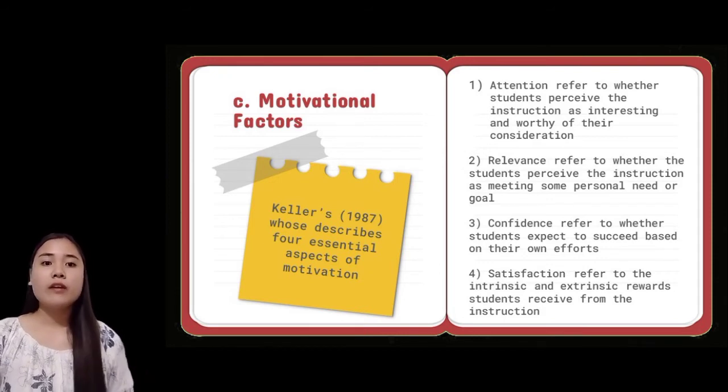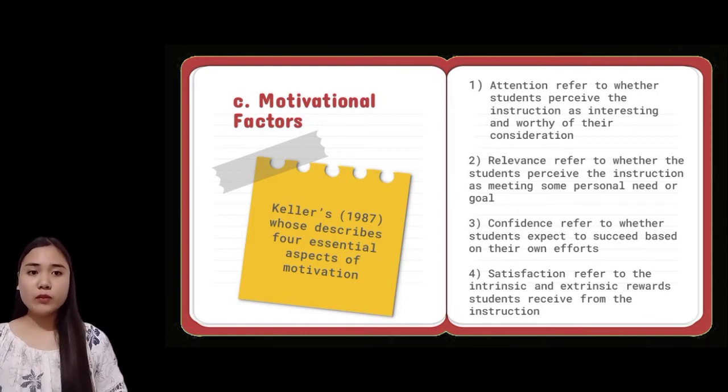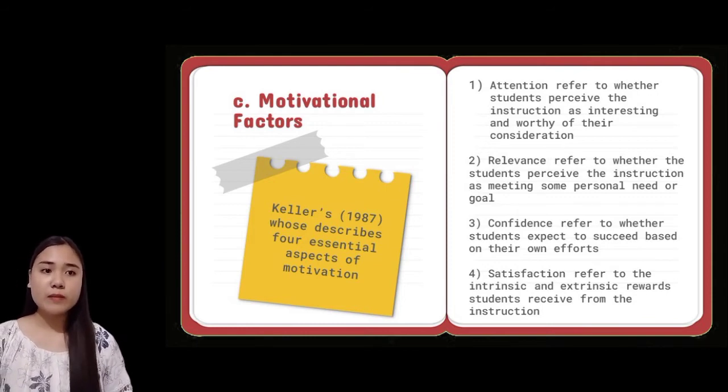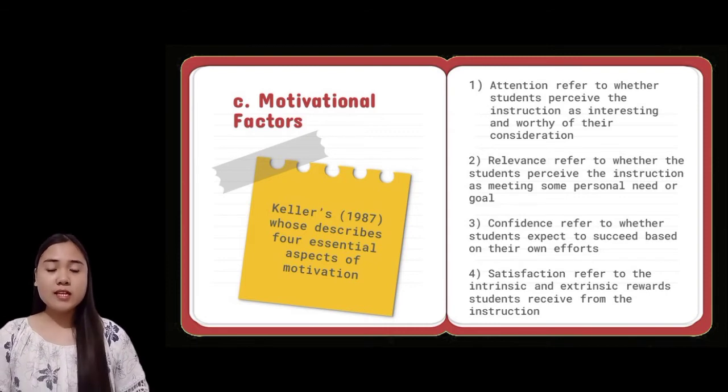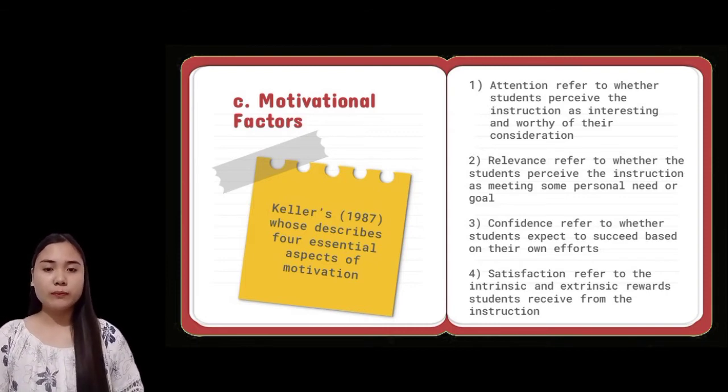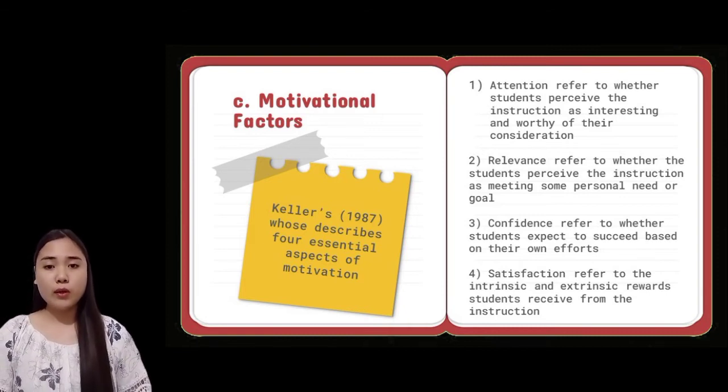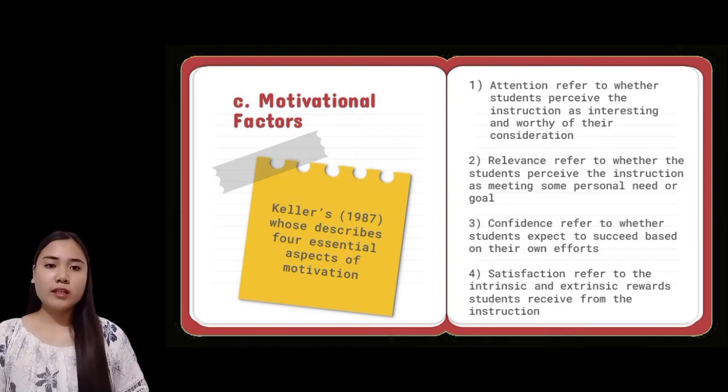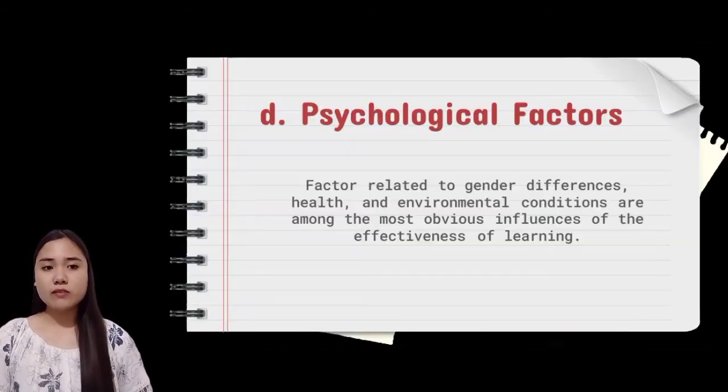Second, relevance refers to whether the students perceive the instruction as meeting some personal need or goal. Third, confidence refers to whether students expect to succeed on their own efforts. The last, satisfaction, refers to the intrinsic and extrinsic reward students receive from their instruction.